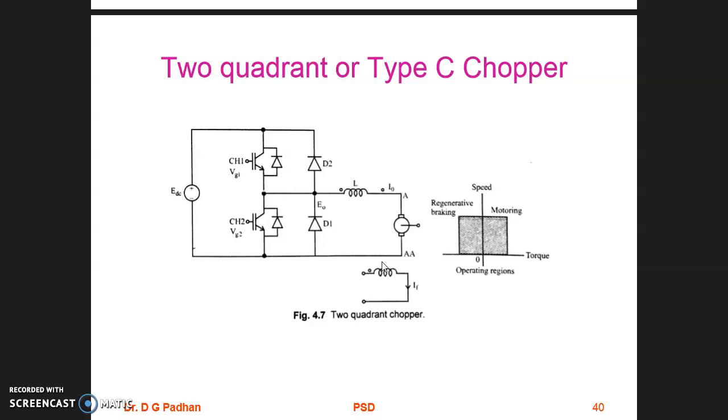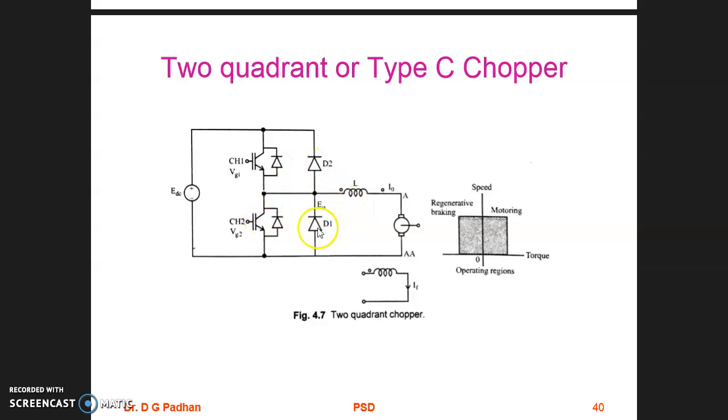This required drive is provided by connecting two choppers, as shown in this figure. This is a combination of type A and type B chopper, and it is called the type C or two quadrant chopper.